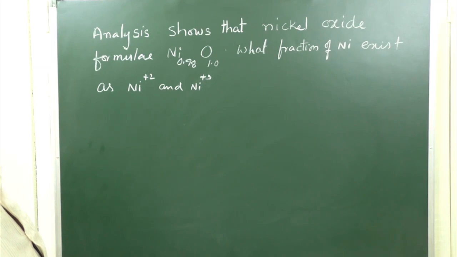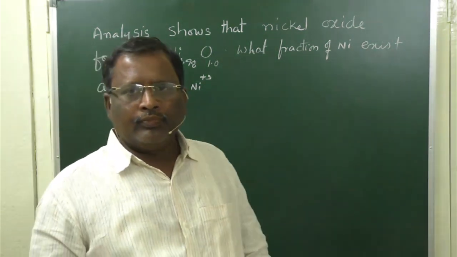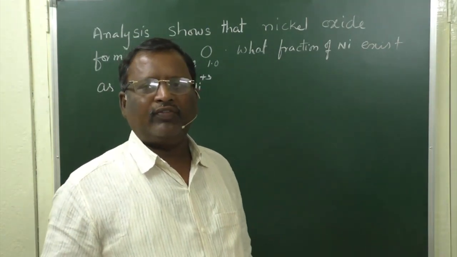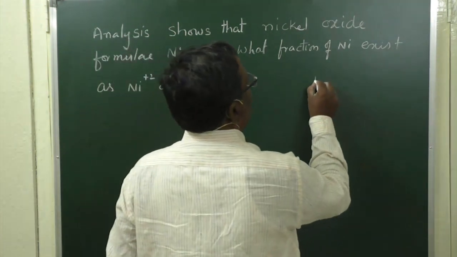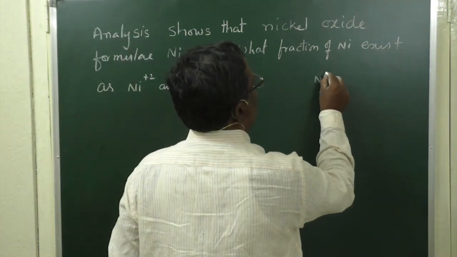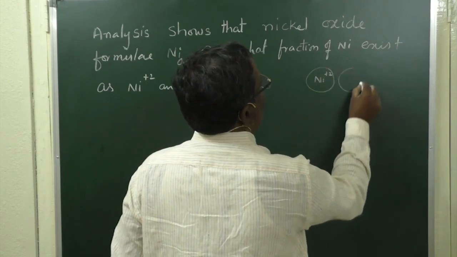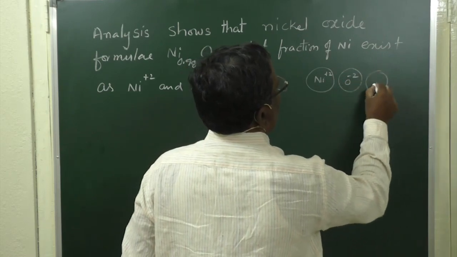This problem is related with crystal defects. We have discussed the defects of the crystal. In nickel oxide, generally nickel is present in the form of +2 and oxide ions are present in the form of O-2.